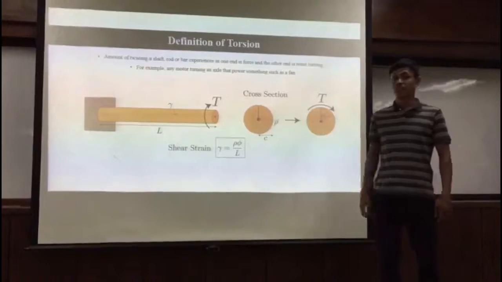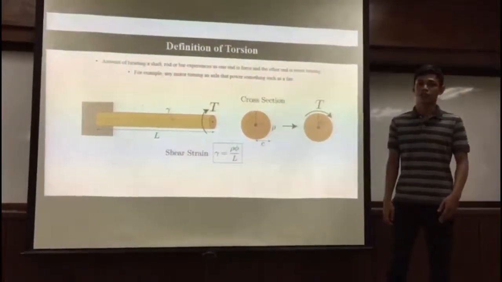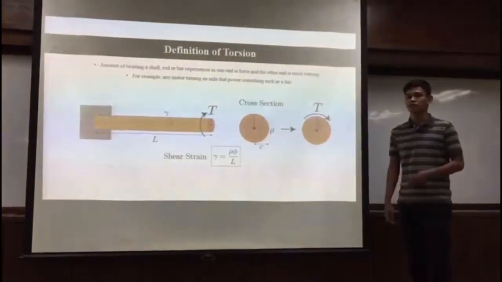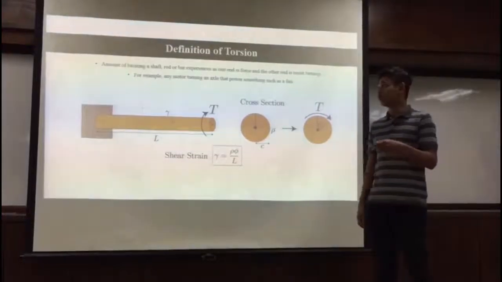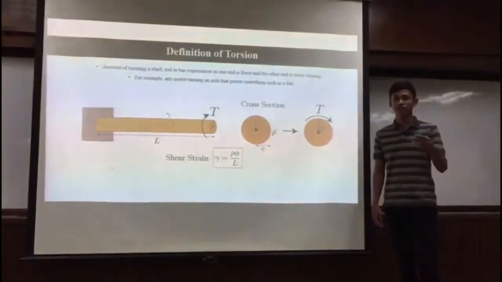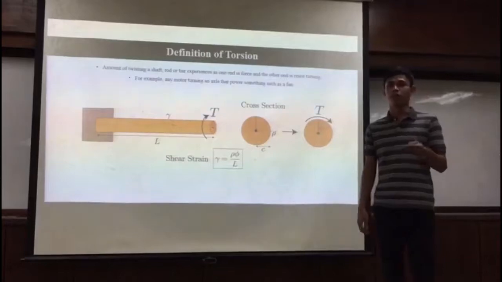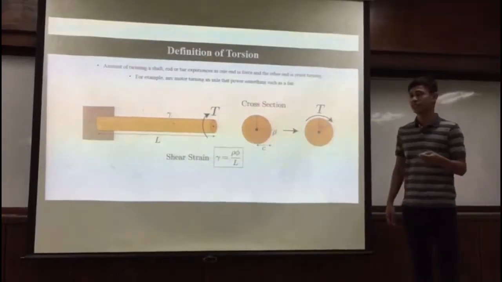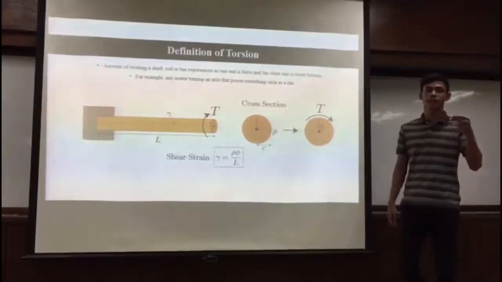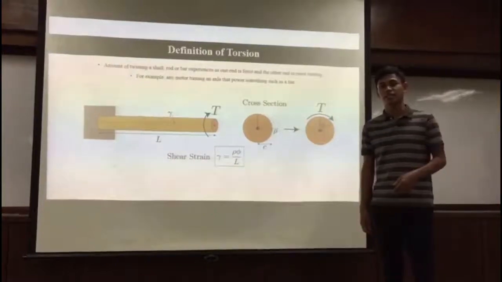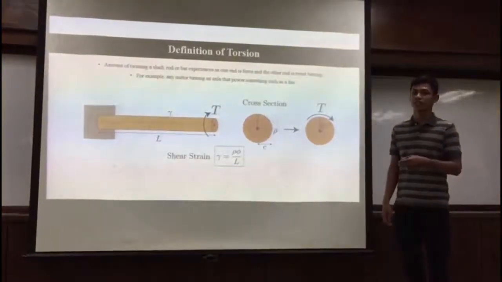I'm going to explain to you about the definition of torsion. Torsion is the amount of twisting a shaft, rod, or bar experiences as one end is forced and the other end is resisting.